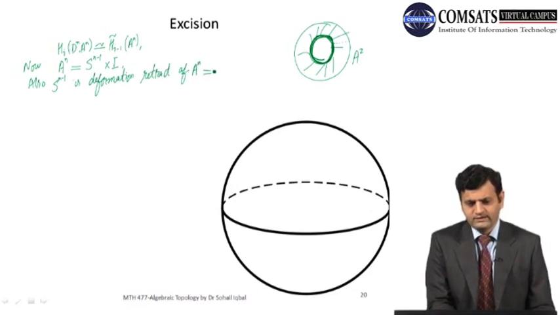Of course this implies that the reduced homology of Sn minus 1 is the same as the reduced homology of An.